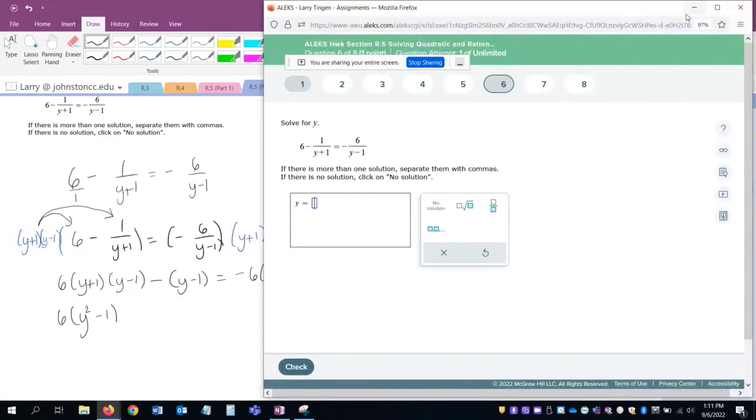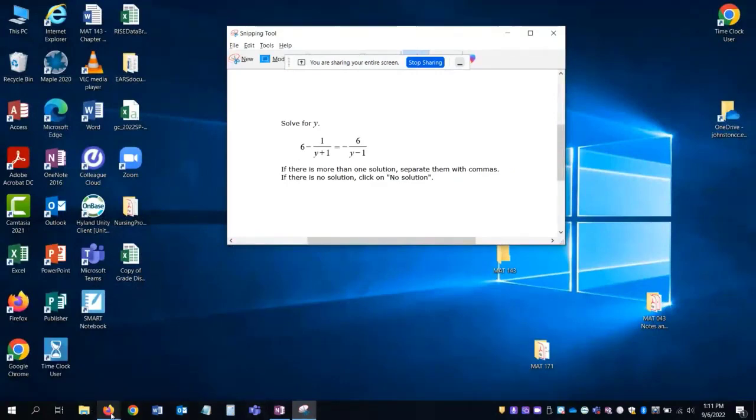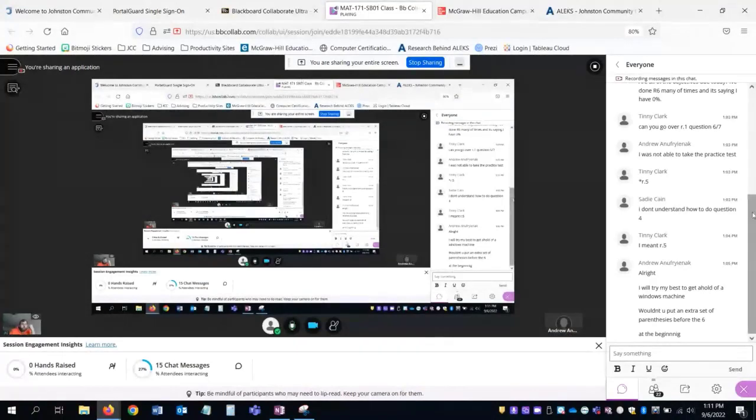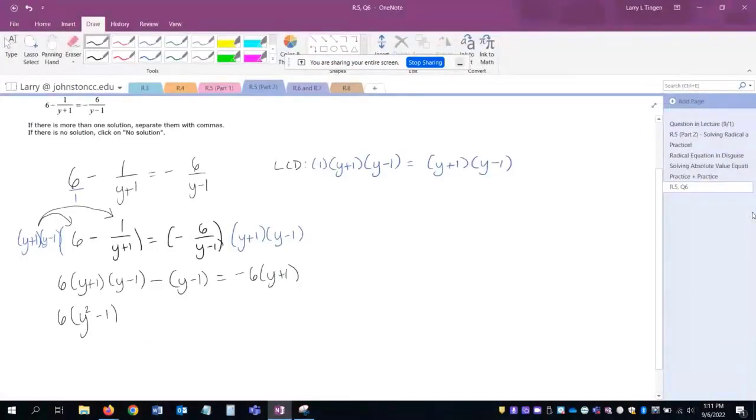Where are the questions coming in? Wouldn't you put an extra set of parentheses for the 6? You can, I understand now, yes, you could, but this is negative 6, it's not minus 6.